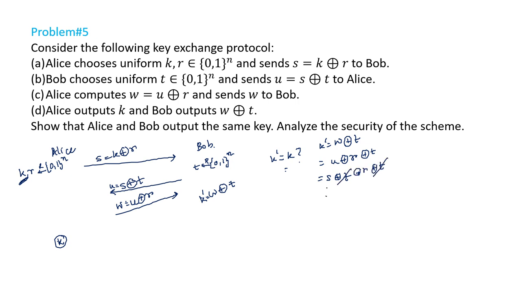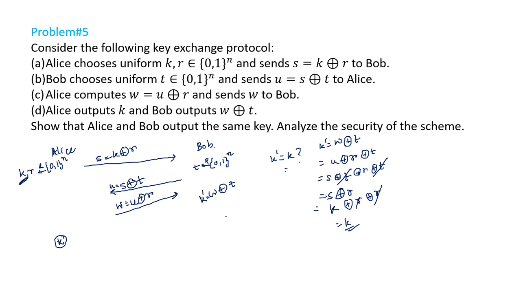The T's get cancelled, left with S XOR R. What is S? S is K XOR R, so with R, K gets cancelled. So K dash is indeed equal to K, so yes, Alice and Bob output the same key.